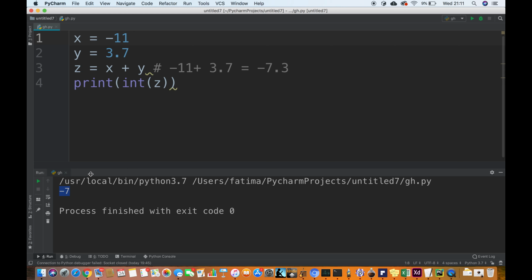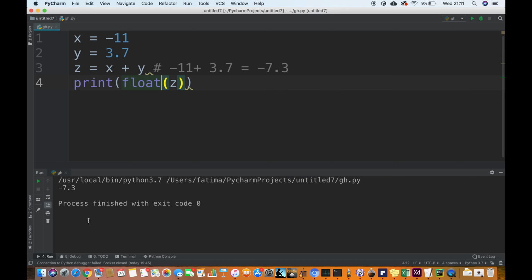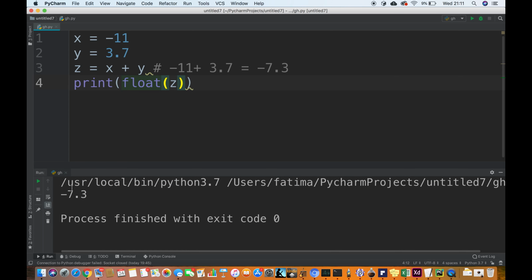But if I replace this integer with float, which allows decimals, it will give me minus 7.3, the right answer, because float includes the decimal points.